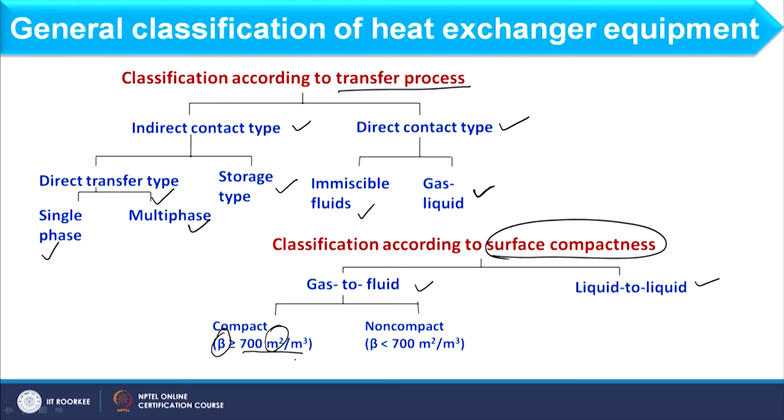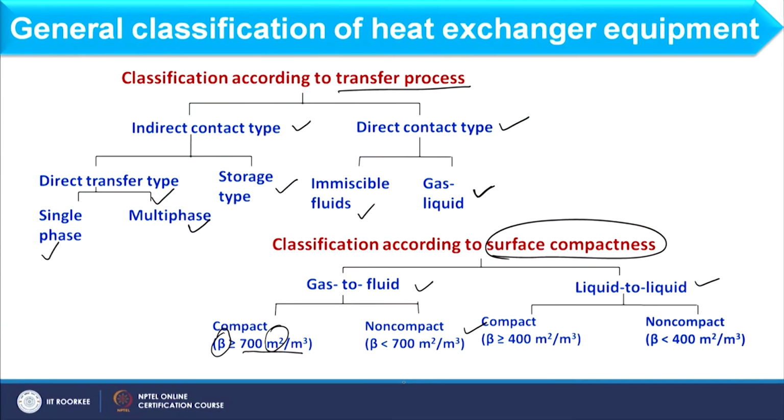Heat transfer area. So, if it is more than 700 meter square per meter cube, we consider that unit as a compact unit, otherwise it is non-compact. Okay. So, that beta value you can obtain very easily, because you know the heat transfer, you know the total volume of the unit. So, in that way you can calculate the compactness.